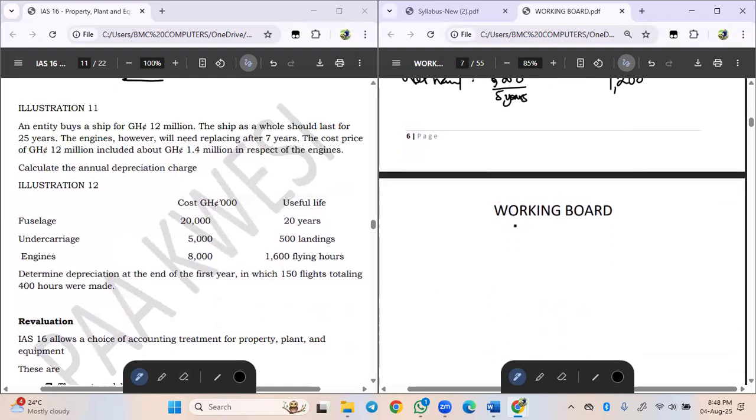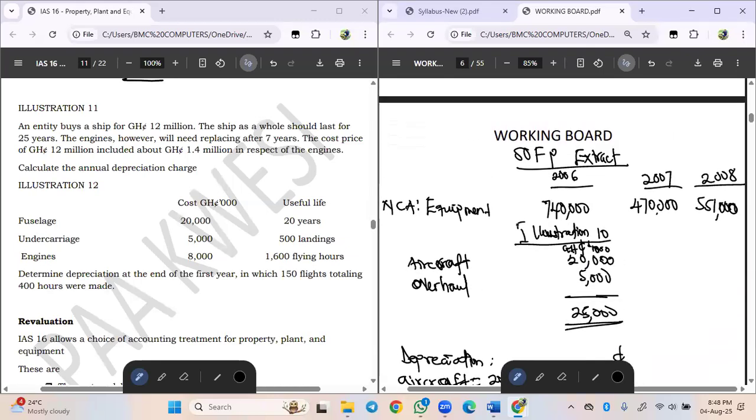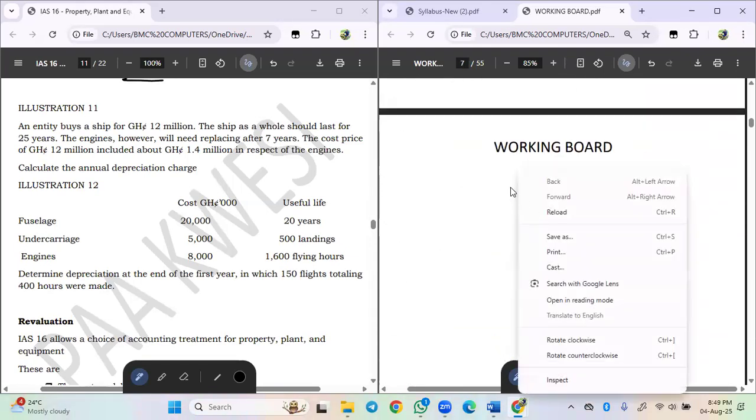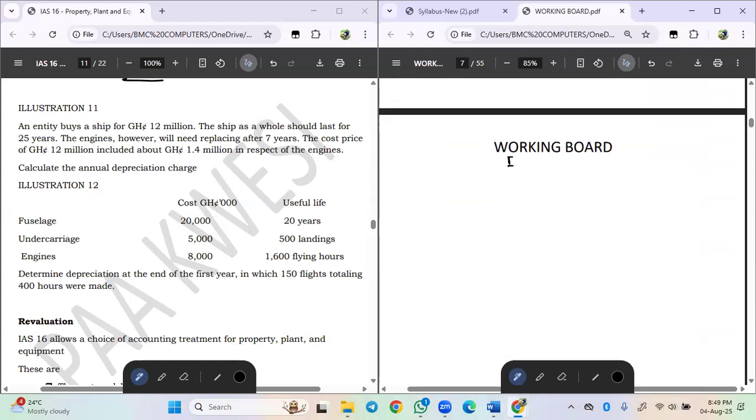Let's look at illustration 11. The first one was 10, so this one will be 11. An entity buys a ship.